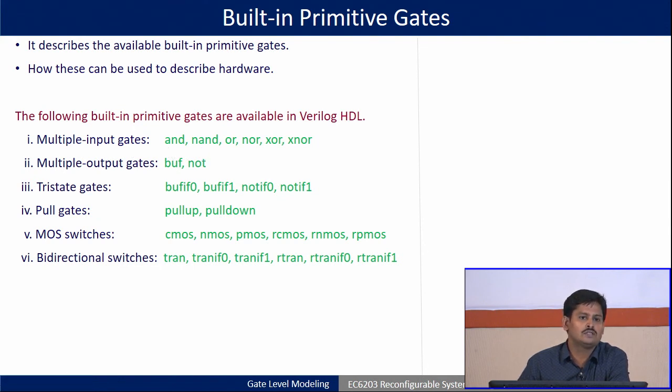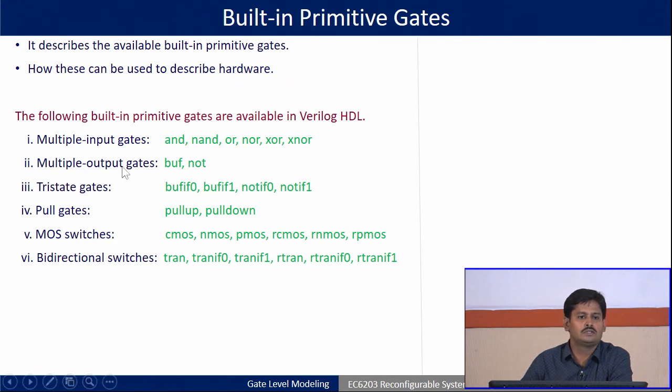They always have an output of 1 bit, whereas inputs are many. Similarly, there are multi output gates, buffer and NOT, the 2 gates available under this category, where input is 1 and outputs are more. Like a buffer, we use it to increase current driving capacity.